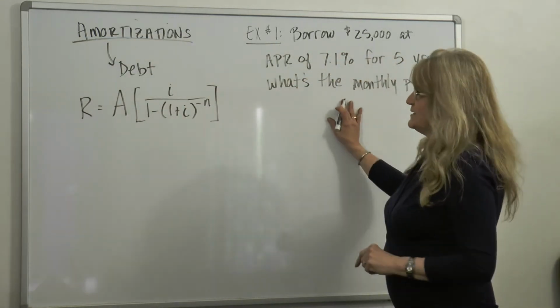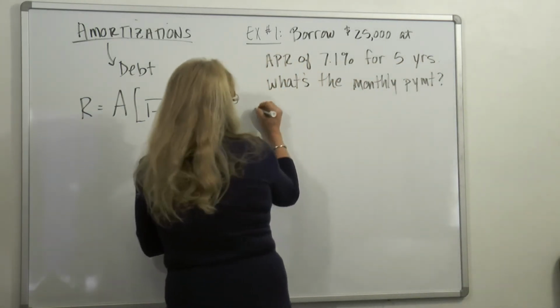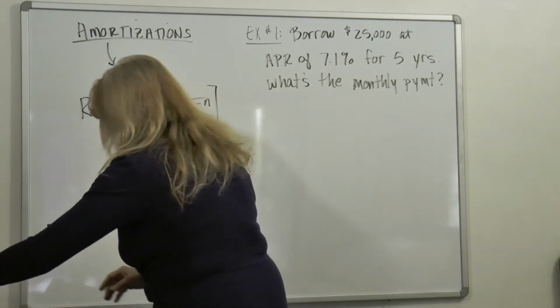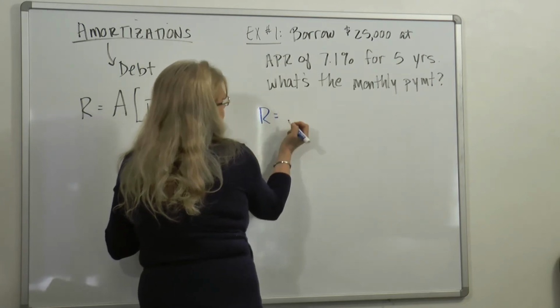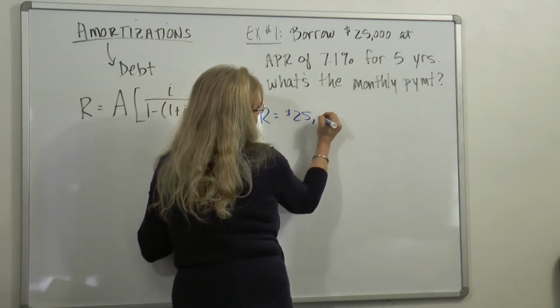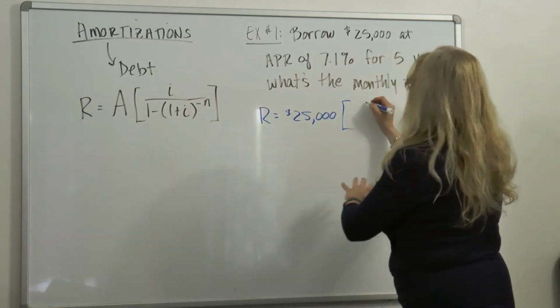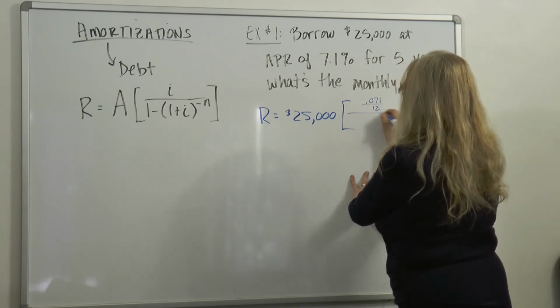So in this case, I'm solving for the monthly payment, which is our R. R is going to be equal to my total amount borrowed, $25,000, and then my I is 0.071 divided by 12.